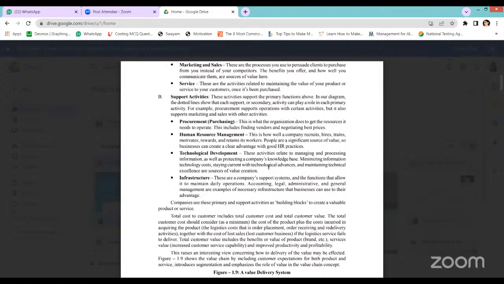And then technological development: how you build and protect your knowledge-based systems, process and manage information, minimize information cost, and stay along with current trends.